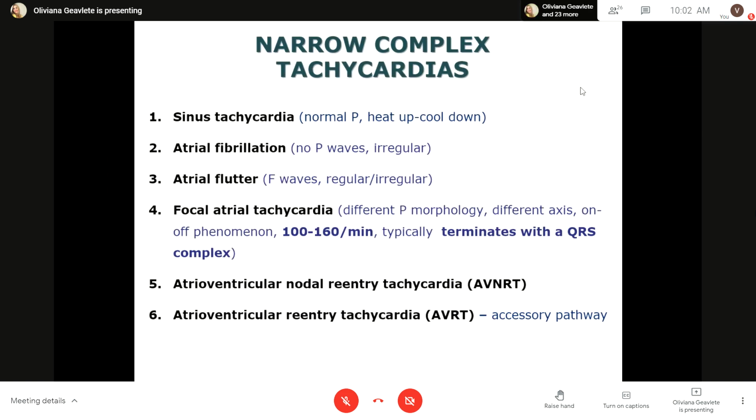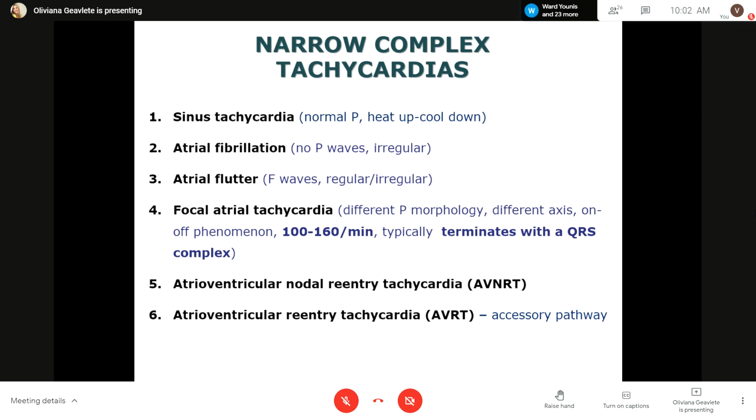Narrow QRS complex tachycardias. So we have 6. We are talking about sinus tachycardia, atrial fibrillation, atrial flutter. You will do all this in your course maybe on Monday. Focal atrial tachycardia, atrioventricular nodal reentry tachycardia, and atrioventricular reentry tachycardia.